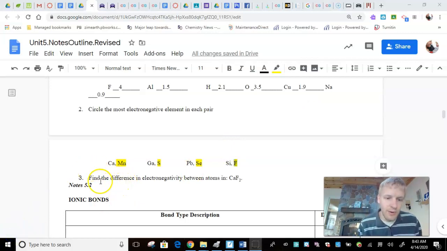All right, one last one. Find the difference in electronegativity between atoms in CaF2. Again, this is like H2O. Yeah, so we have 2 different bonds. We got a calcium-fluorine bond and then another calcium-fluorine bond. So you just got to talk about one of them because they're the same. So calcium and fluorine, we want to find the electronegativity difference.